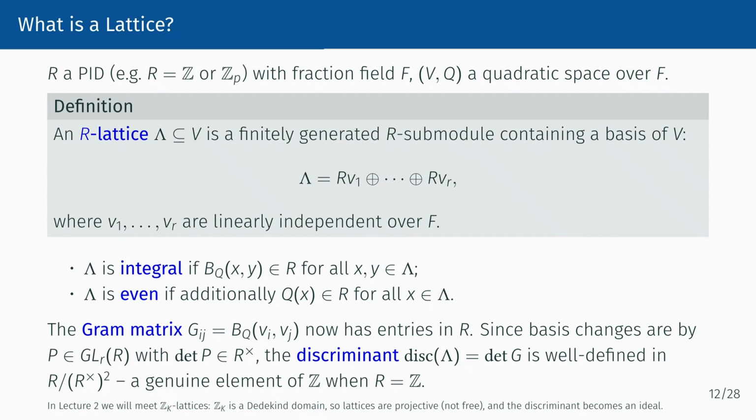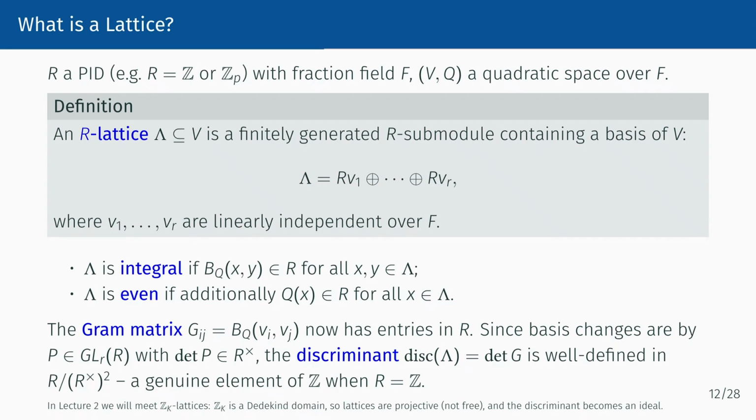So now, if we have an integral lattice, the Gram matrix will have entries in our ring. It will be integral. And because every time we change a basis, the change of basis matrix will have an invertible determinant, this determinant is now determined up to squares in the multiplicative group of the ring, things that are invertible in the ring.